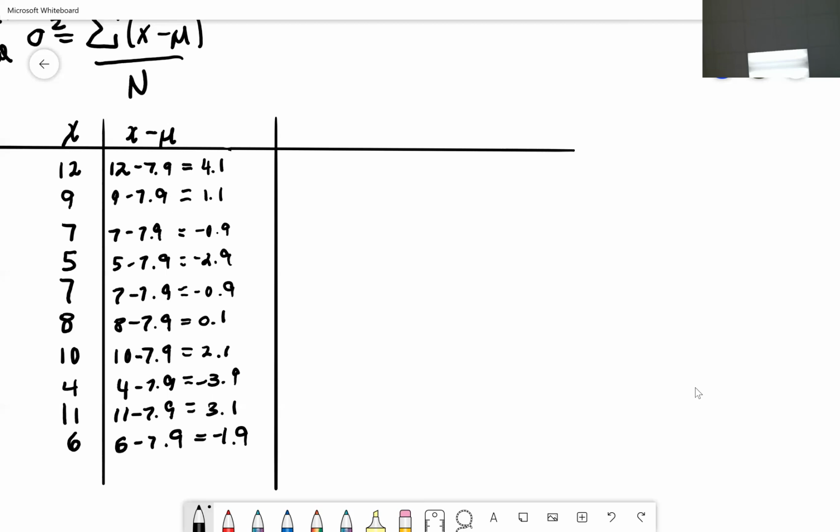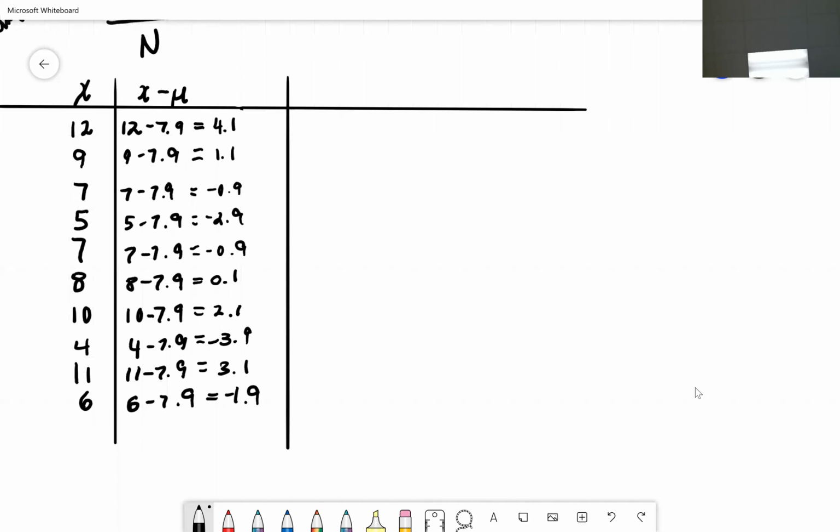So if we take 4.1 plus 1.1 minus 0.9 minus 2.9 minus 0.9 plus 0.1 plus 2.1 minus 3.9 plus 3.1 minus 1.9, it should give me 0, and it does. So the sum of our deviations is 0.